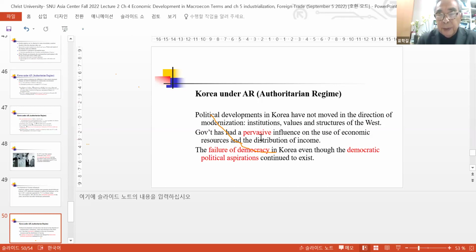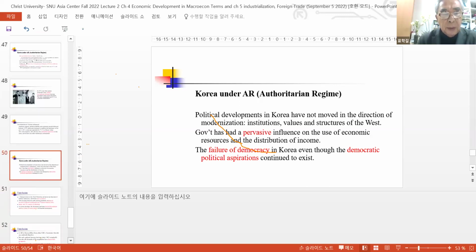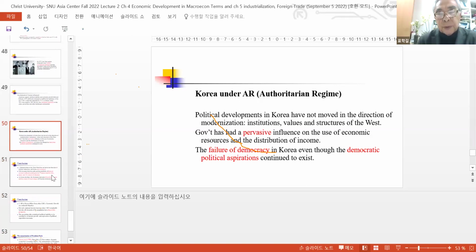Government has had a pervasive influence on the use of economic resources and the distribution of income, but there was the failure of democracy in Korea, even though the democratic political aspirations continue to exist. And this was the evaluation by the American authors of this textbook.